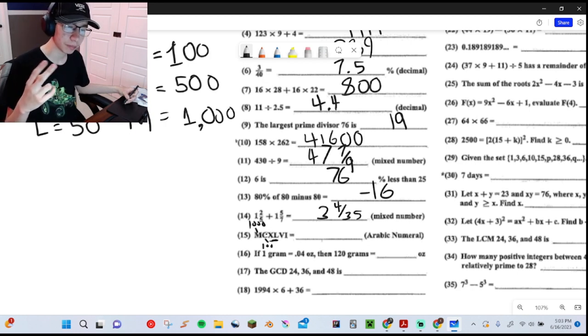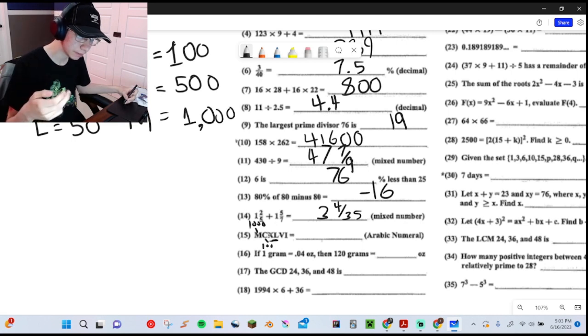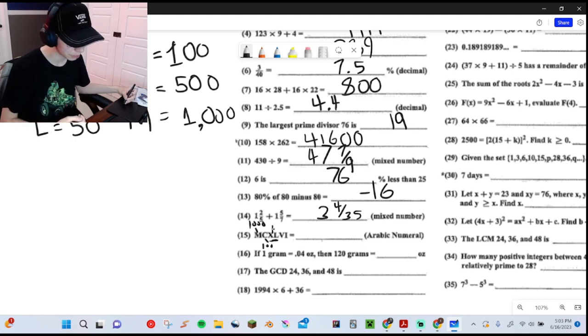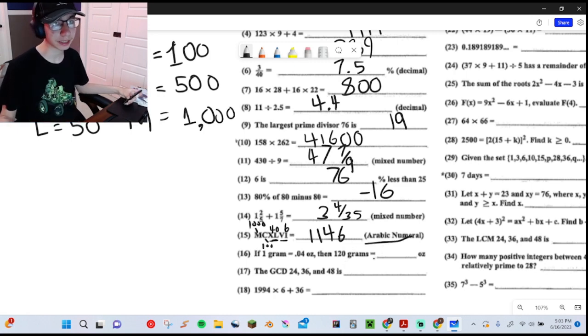So we could say 100 behind 50. This XL term is 40. And then I got VI, that's 1 in front of 5. So that's 6. I put this all together. 1, 1, 4, 6. And Arabic numeral, that just means regular numbers.